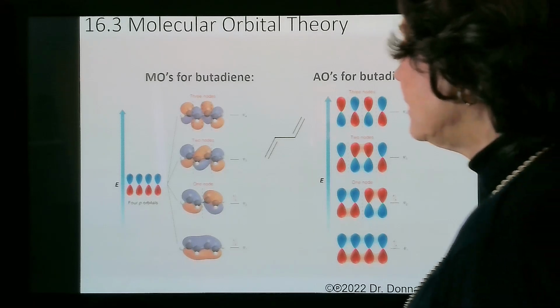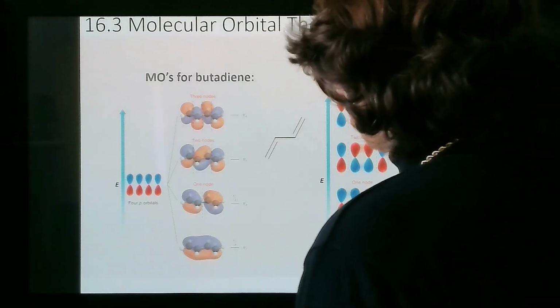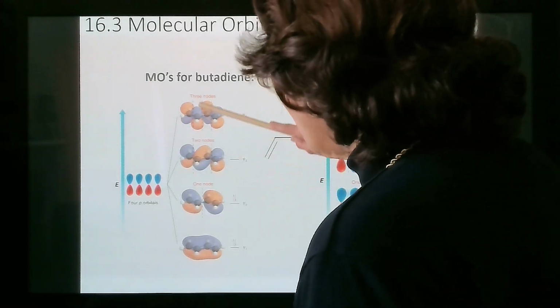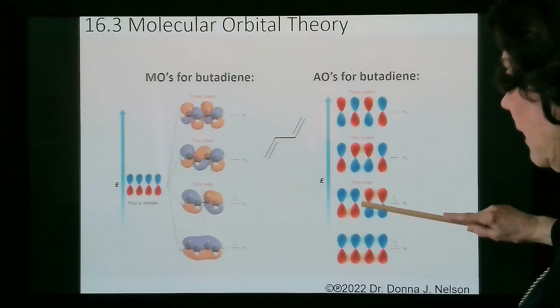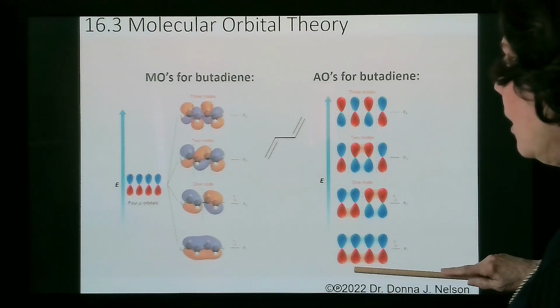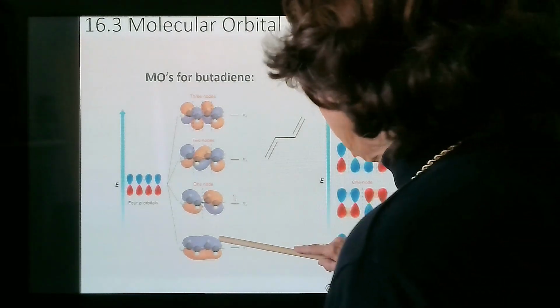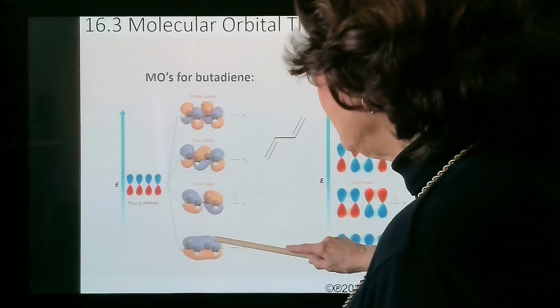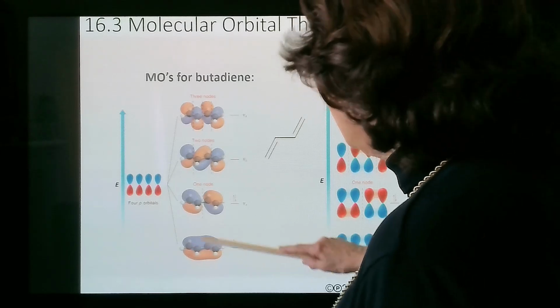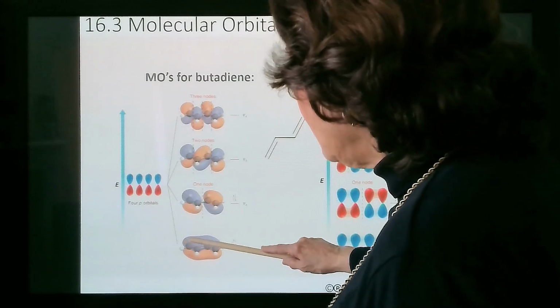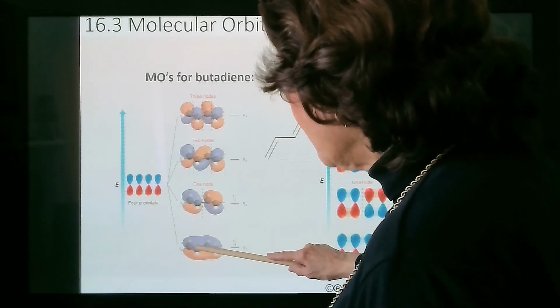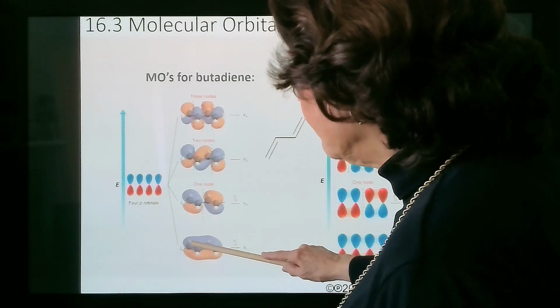And so you can see here, these are the molecular orbitals, and these are the atomic orbitals. So over here you can clearly recognize the molecular orbitals of butadiene, because here the orbital is spread out over all four atoms.